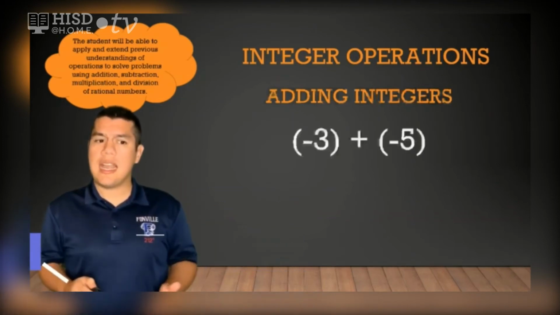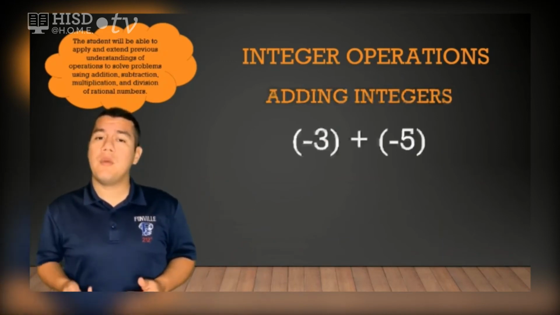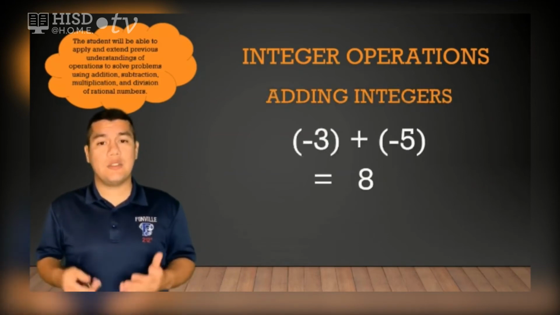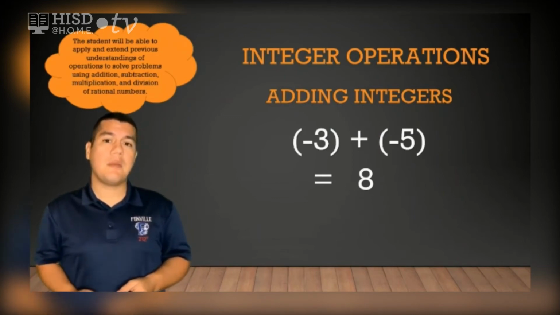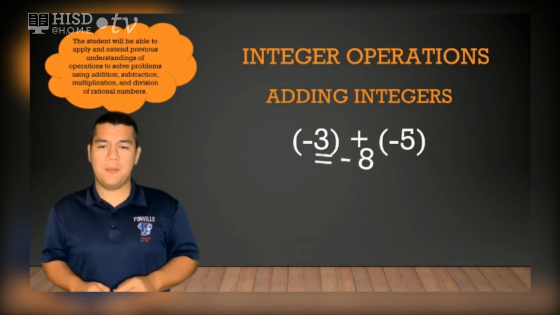So let's just say that I have -3 plus -5. Well, I'm going to add them, and that's going to give me a total of 8. And then I have to keep the same sign, so that means that my result is going to be -8.